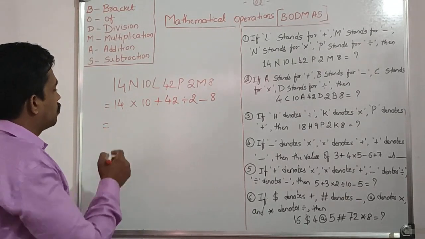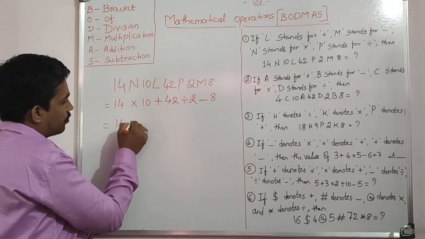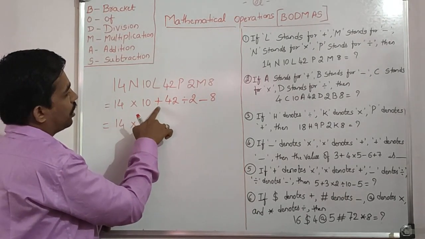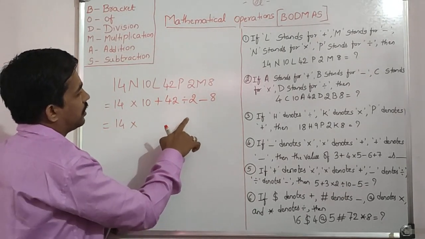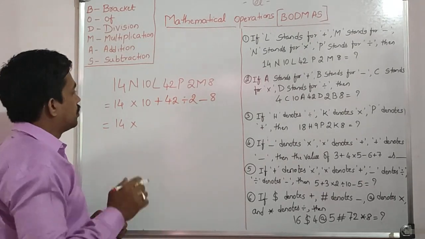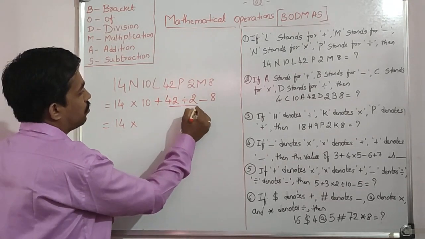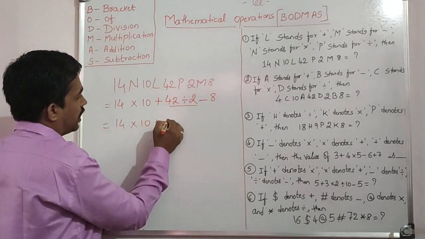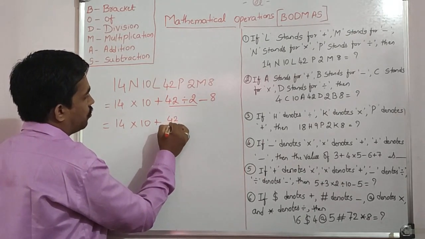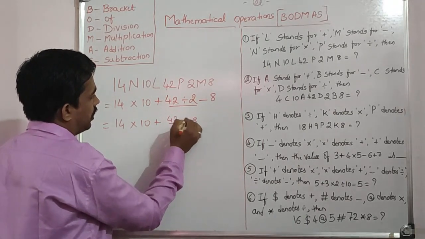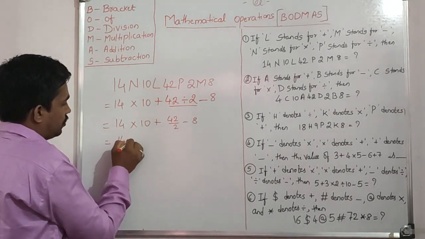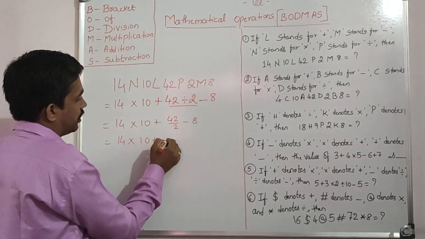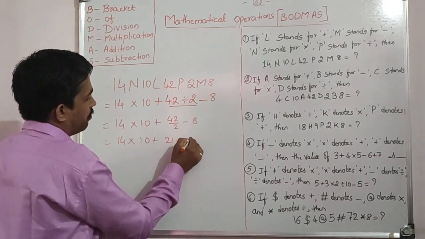So what is BODMAS rule? Here we have into, addition, plus, divide and minus. In that, first we have to do divide, keeping all the rest as it is: 42 divided by 2 is 21, so 14 into 10 plus 21 minus 8.